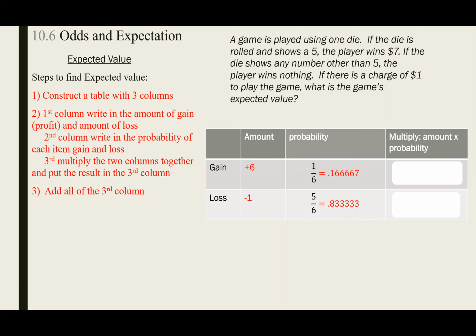And do you agree that I have 5 other sides that I can lose on? If it lands on number 2, I lose. If it lands on number 1, I lose. If it lands on 3, 4, or 6, I lose. So the probability of me losing this $1 is 5 out of 6, and the probability of me winning is 1 out of 6.